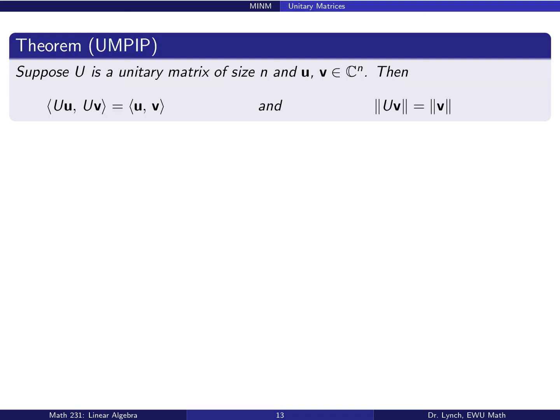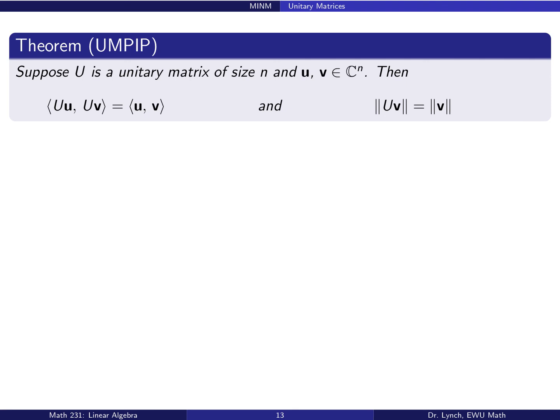And one last theorem relates unitary matrices to inner products and norms. This theorem says that the inner product of U times vector u with U times vector v is the same as the inner product of u with v, and that the norm of U times vector v is the same as the norm of v.